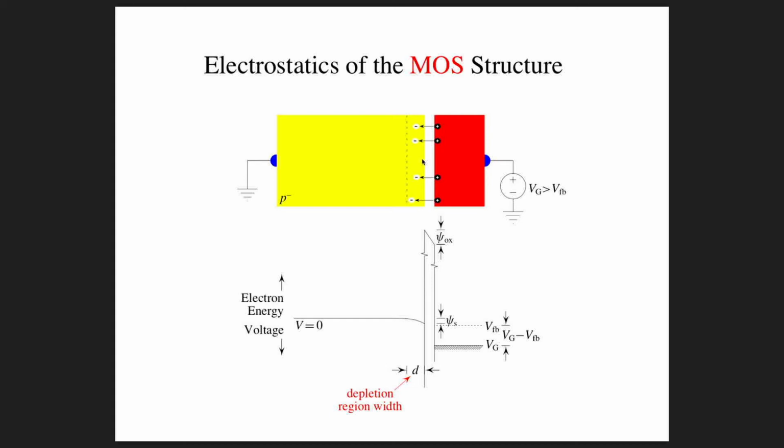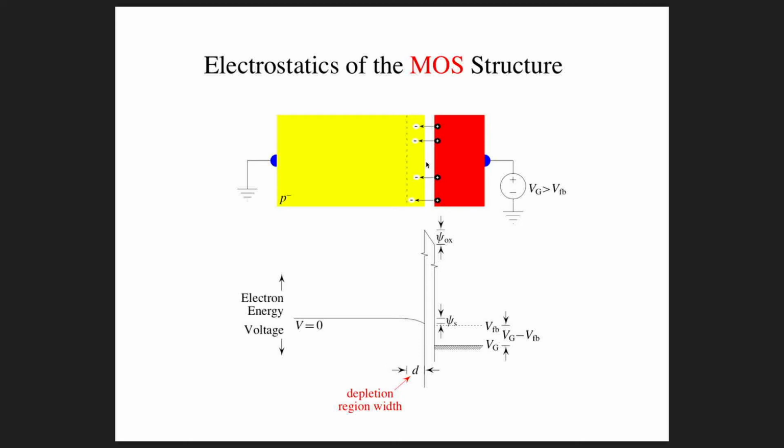So the permittivity of silicon dioxide is about 3 times higher than the permittivity of the silicon. And so basically whatever the electric field is when we get to the edge of the silicon here, we multiply by roughly 3 to get the electric field in the silicon dioxide.